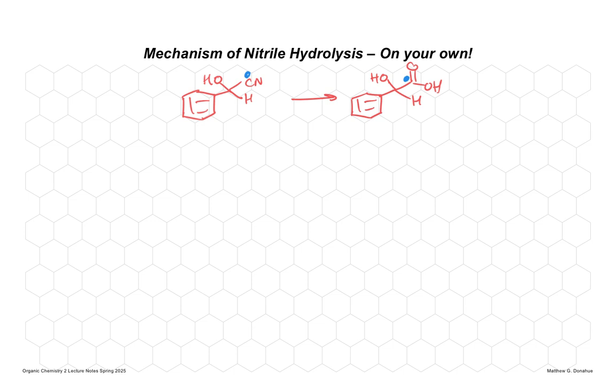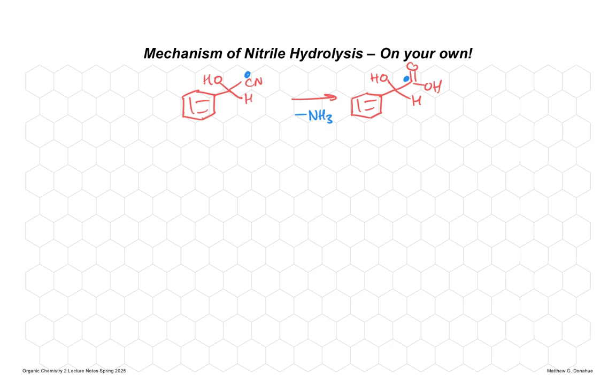So overall in your mechanism, you need to generate ammonia as a product. That's how the nitrogen gets incorporated and removed from the molecule.